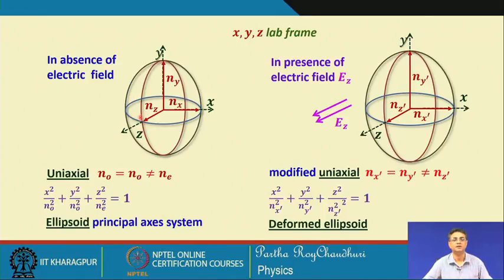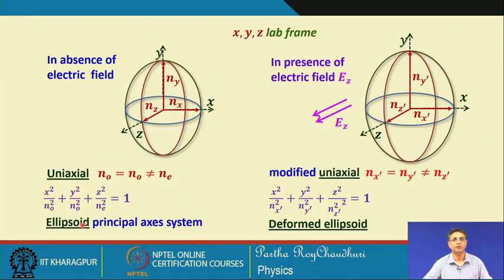Let us explain this first, that you have the index ellipsoid originally, which, because it was naturally uniaxial, you have only this n z different, but n x and n y they were equal.